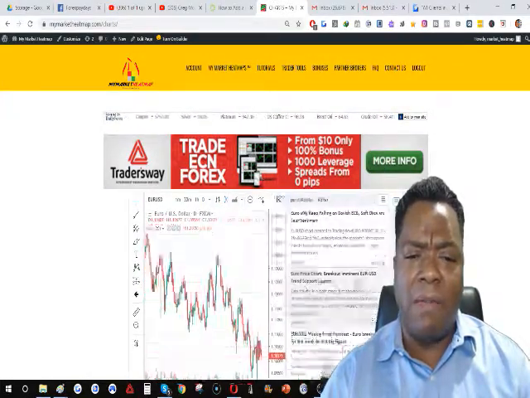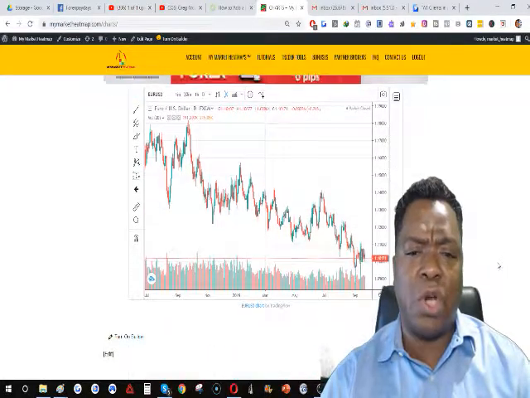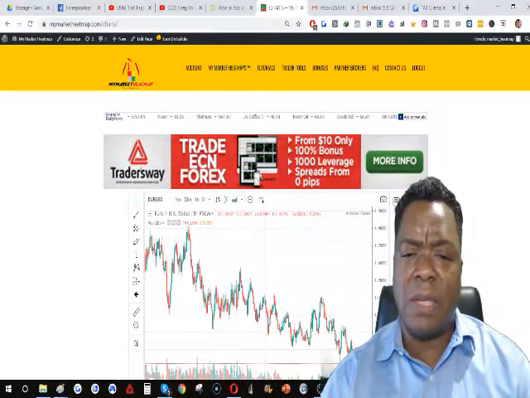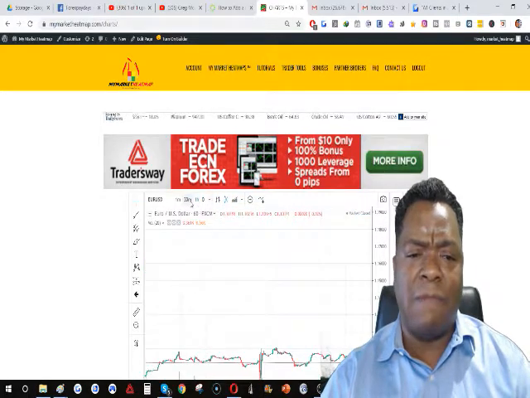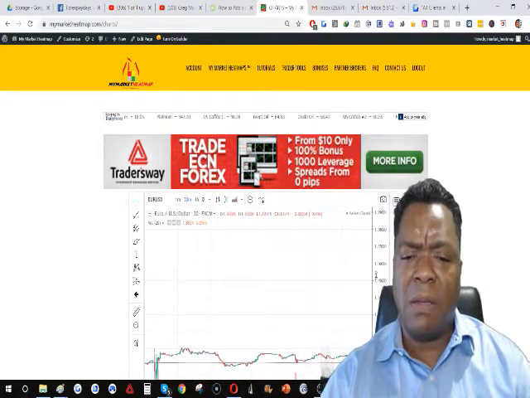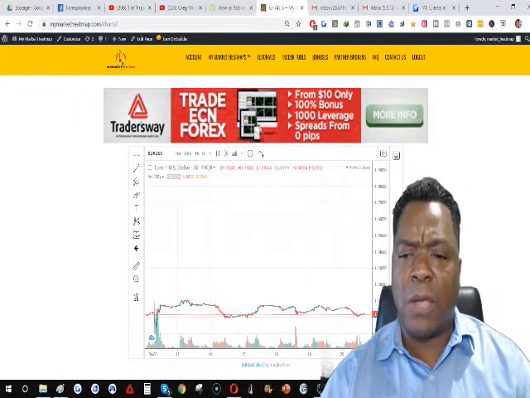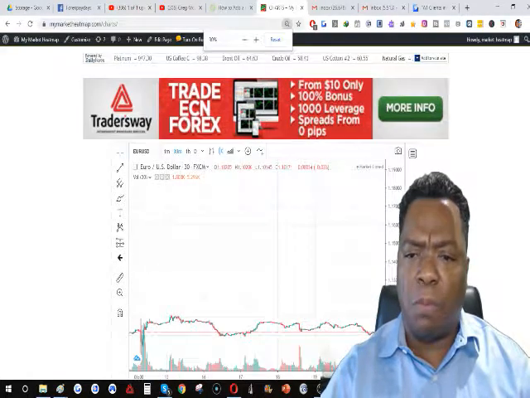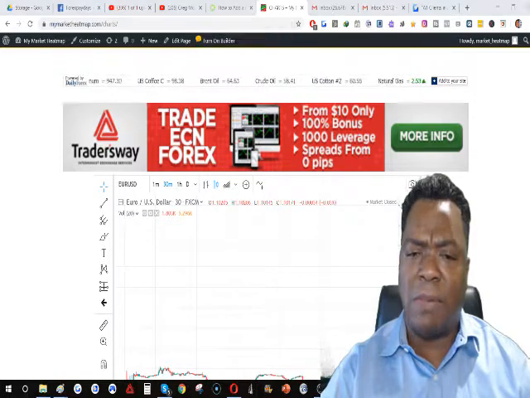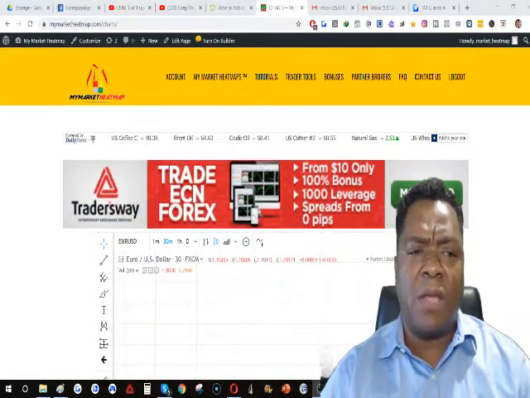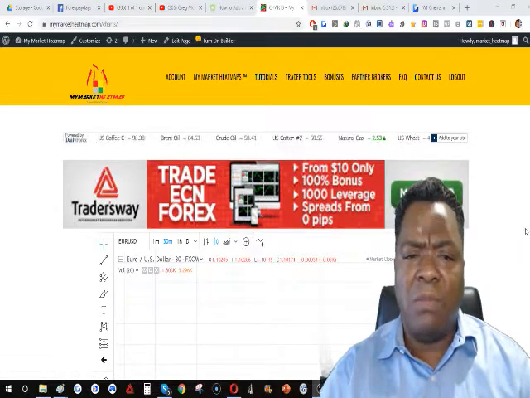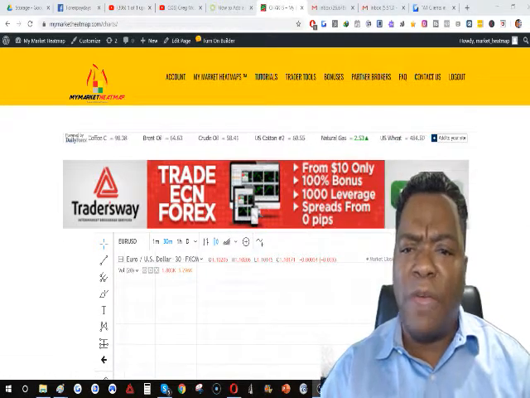So we have a chart widget there, which has multiple time frames that we can look at, and we can even enlarge it. Control plus to make it larger, Control minus to make it smaller, and you can also use it on your smartphone as well. We also have a scrolling ticker that tells you what's moving.